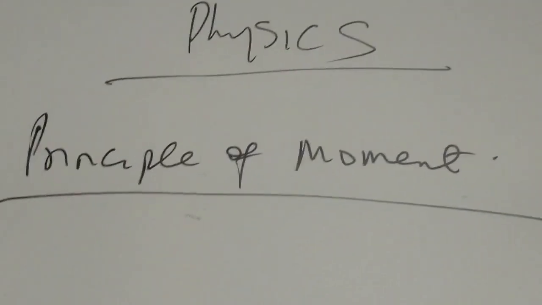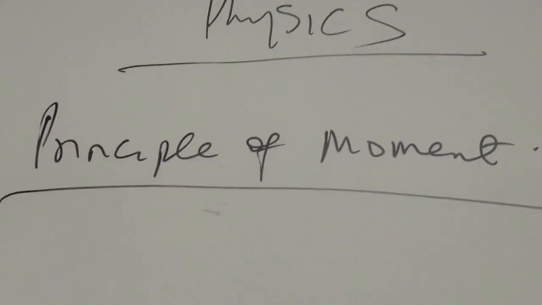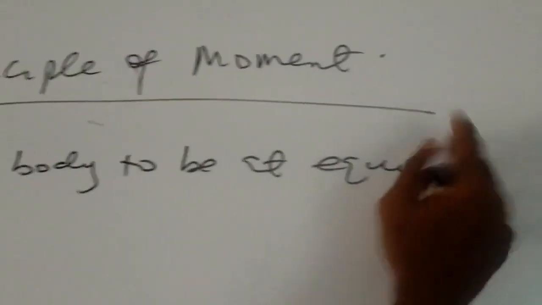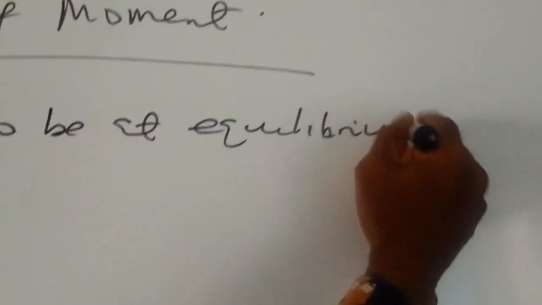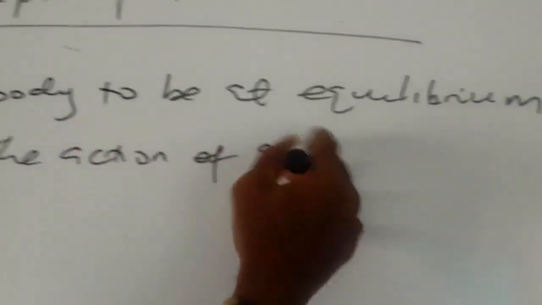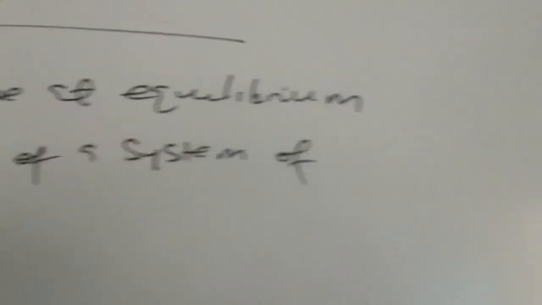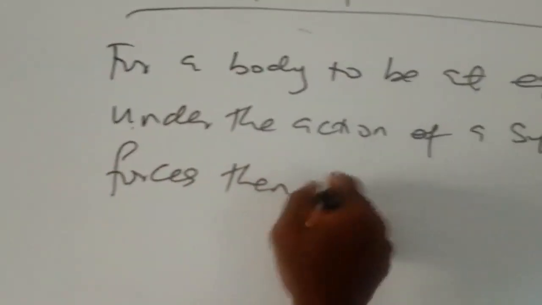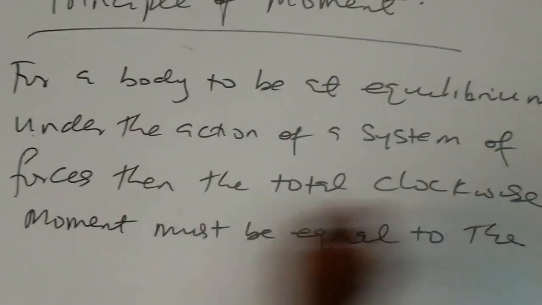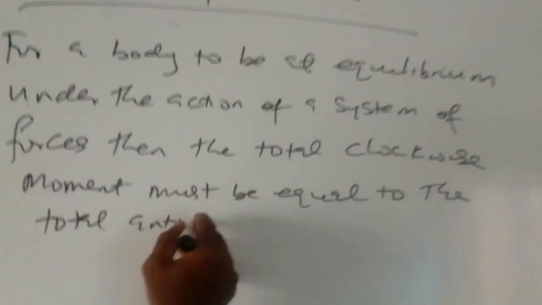So now we're looking at the principle of moment. The principle of moment says that for a body to be at equilibrium under the action of a system of forces, then the total clockwise moment must be equal to the total anti-clockwise moment.